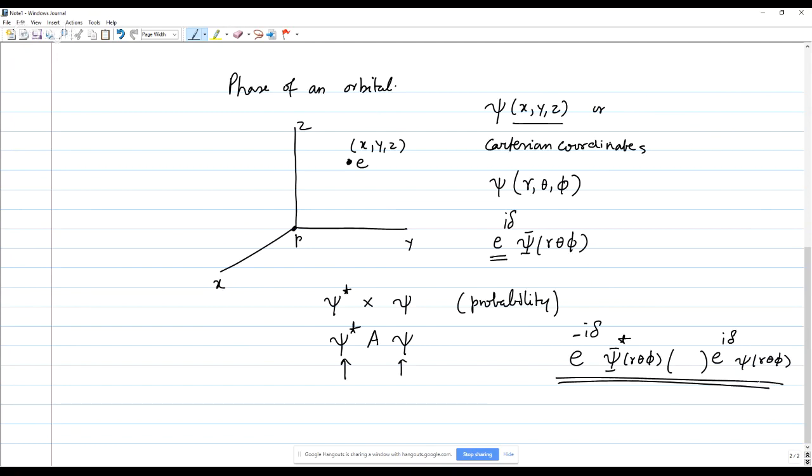Therefore, the phase of the orbital is the sign in front of it in your standard text representation. But in principle, it is a complex number because if you want to have a -1, -1 is e to the i pi, a specific value, that is delta is equal to pi. That value is the minus sign.